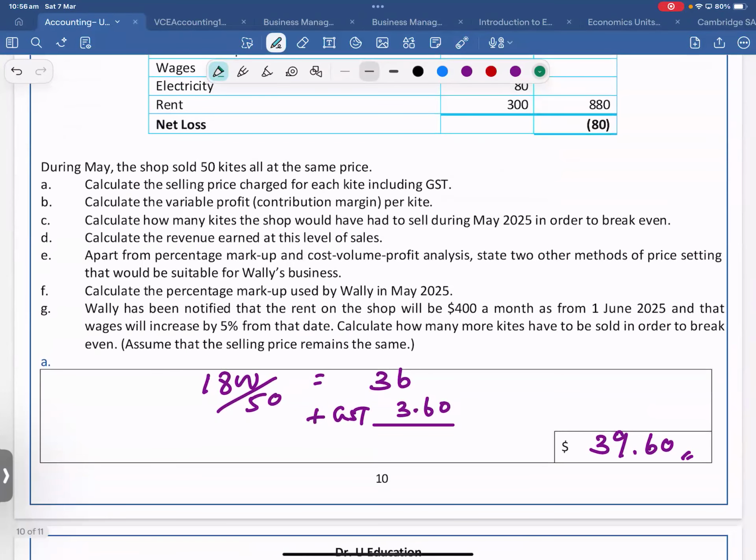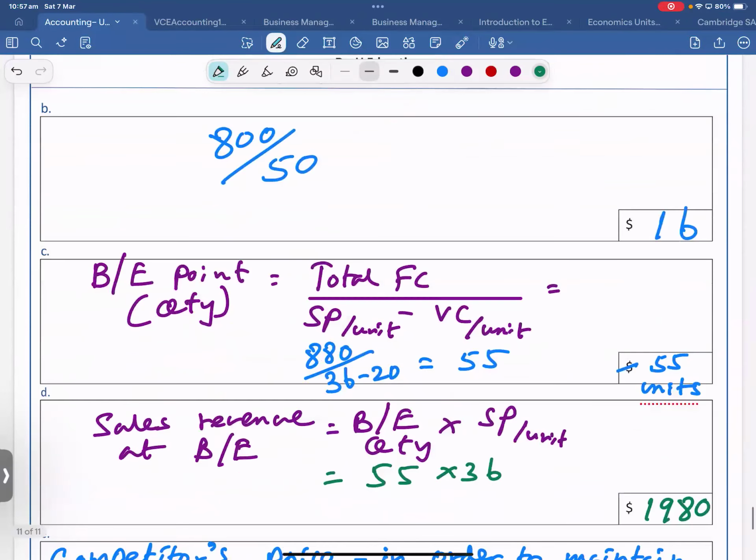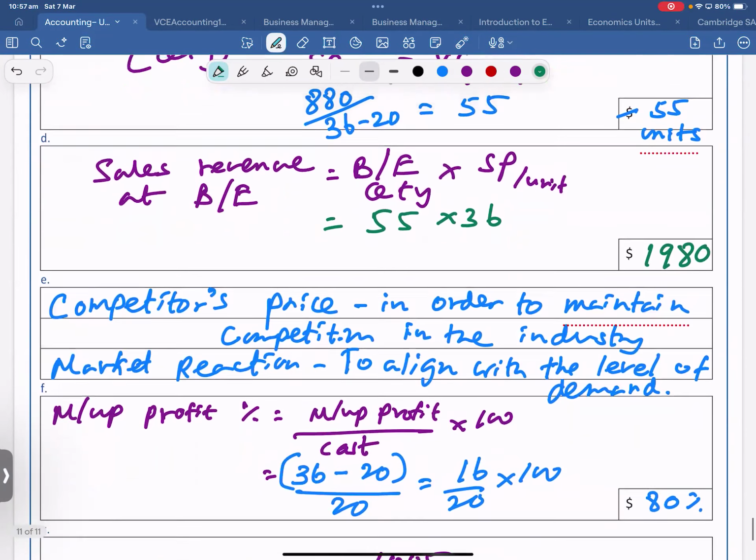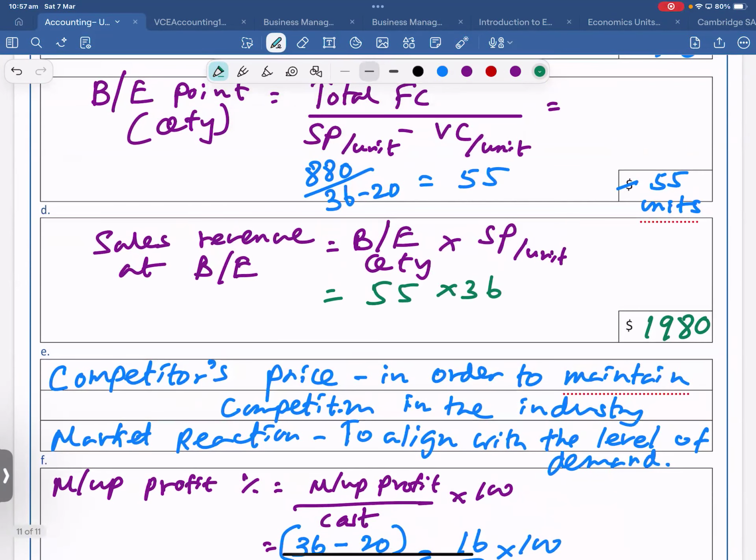Then part G, you can try. It's asking you to find the quantity. So the total fixed costs will increase by 100, so it'll be 980 plus the profit.